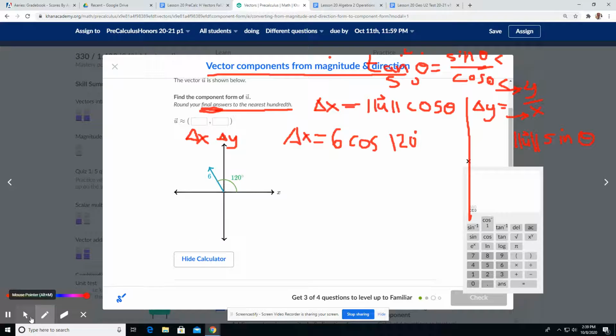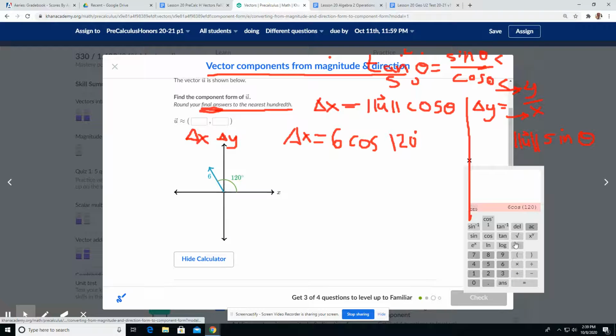So we want 6 times cosine of 120 degrees. We're in degrees here, so be careful about that. You have to end the parenthesis here. What's the issue? Let's try it one more time. It's just cosine of 120.